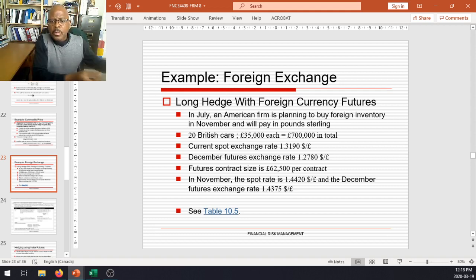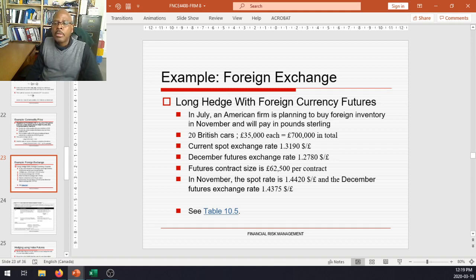Here, an American car dealer is planning to buy 20 British cars. Each car costs £35,000, and they're planning to buy the cars in November. It's currently July.